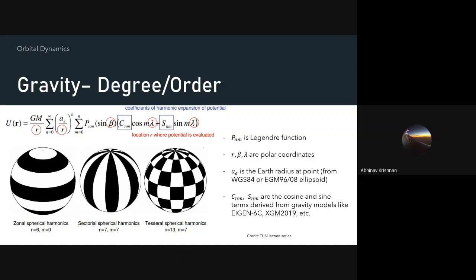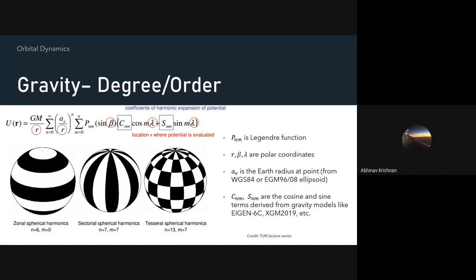It depends on how well the system is calibrated for development, but the underlying geopotential model uses this particular equation. As you can see, the red circles around R, beta, and lambda are the polar coordinates. So imagine you are at the center of the Earth and you are looking at the surface of the Earth.